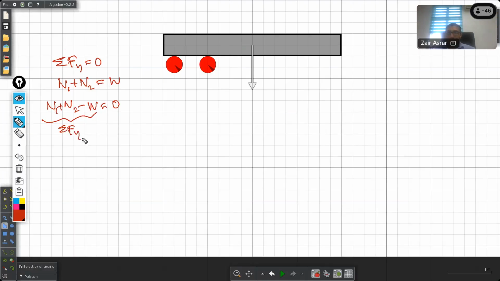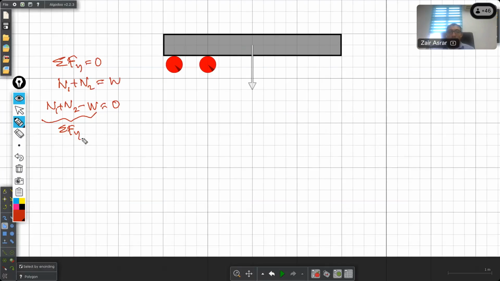Summation of force still equals 0, but the object is not in equilibrium. We have learned before, in the case of a particle, if the summation of force or the resultant acting on the particle equals 0, the particle will be in equilibrium. It's not moving at all.